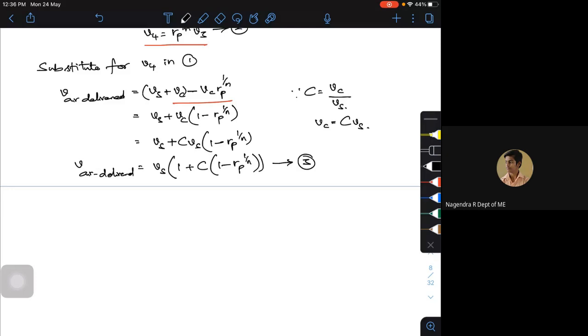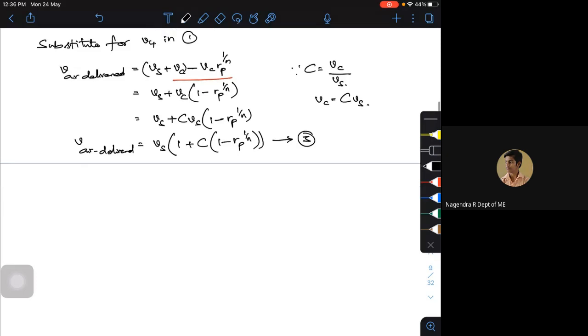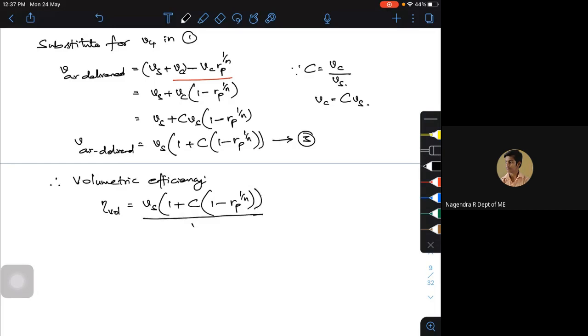Then what is your swept volume? It is Vs. Now if you go back to volumetric efficiency, we will substitute for the volume of air delivered, that is Vs into 1 plus C into 1 minus Rp to the power of 1 by n, divided by simply the stroke volume.